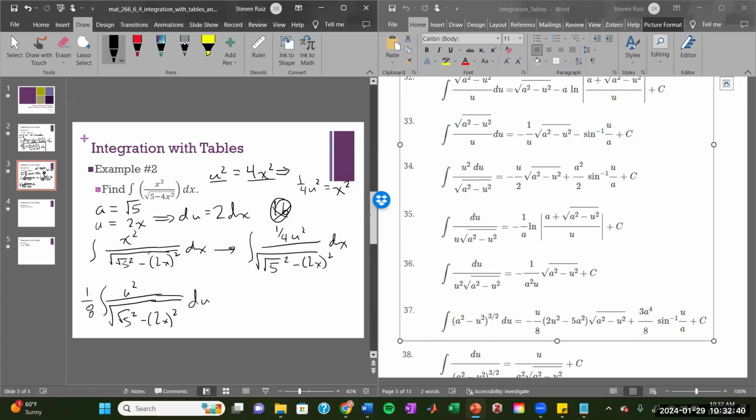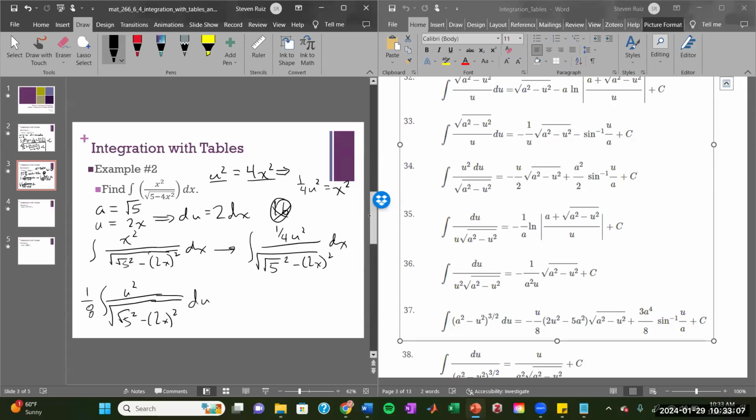Remember, our original numerator was x squared. Think back to when we did integration by substitution. We have the same motivation here. I'm trying to get this integral, which was all in terms of x, all in terms of u. That's how my x squared became 1/4 u squared. Good question. What else?